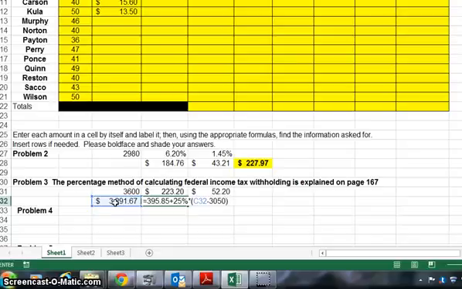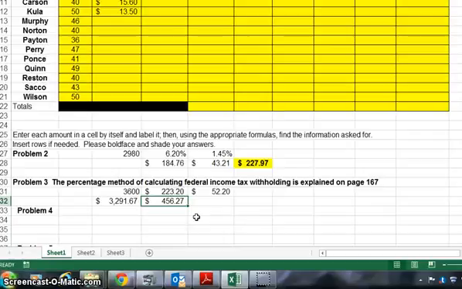And end of parentheses, and let's just review that formula. The $395.85 comes right from the table, plus 25% times the excess over $3,050. And we're talking about this amount right here minus $3,050. And if you press enter, add a dollar sign, you will then find that your federal withholding is $456.27.